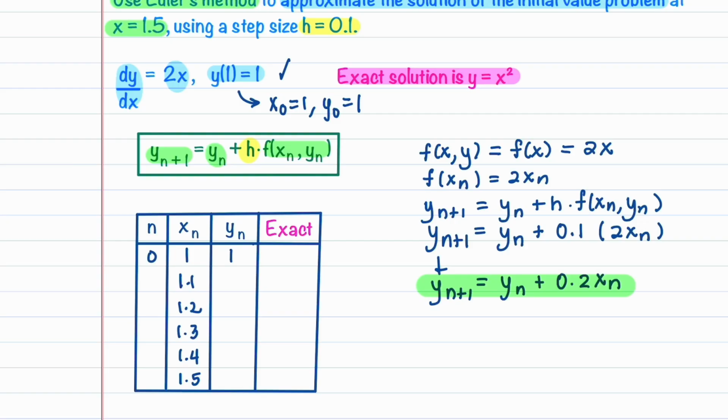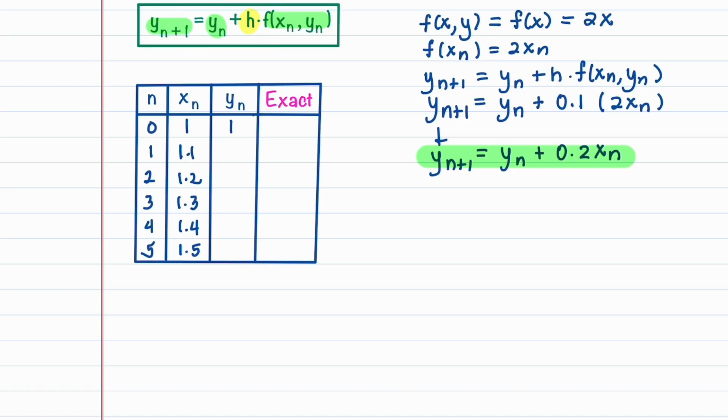We started with n is equal to 0, so then n is going to be 1, 2, 3, 4, and 5. Now we have to start computing what our values of y are. Let's start by saying that y0 is equal to 1, and let's make a note that x0 is also equal to 1, because we're going to need that.